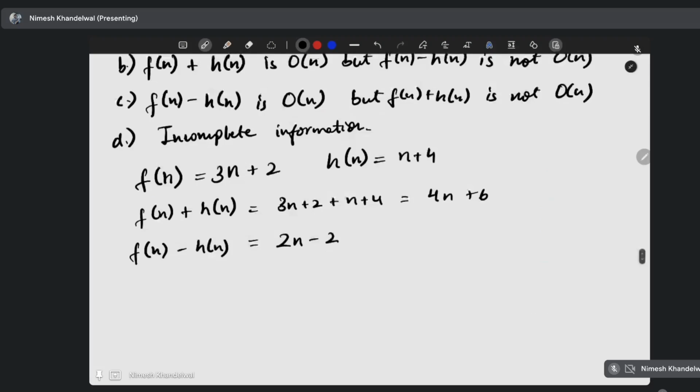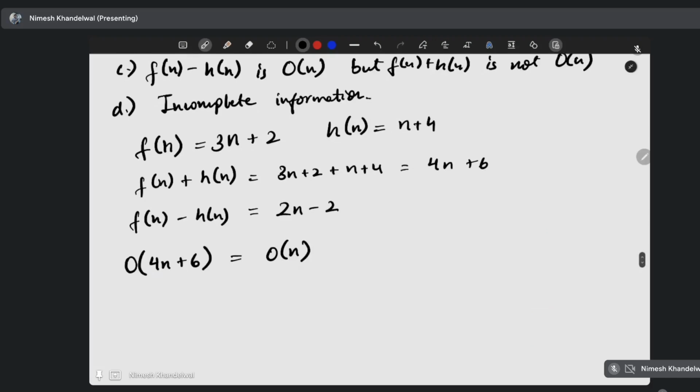Now what is the time complexity of 4n plus 6? It is basically the same as the time complexity of n, because it's linear in n. And what about 2n minus 2? Again, for very large values of n, this is also O of n.